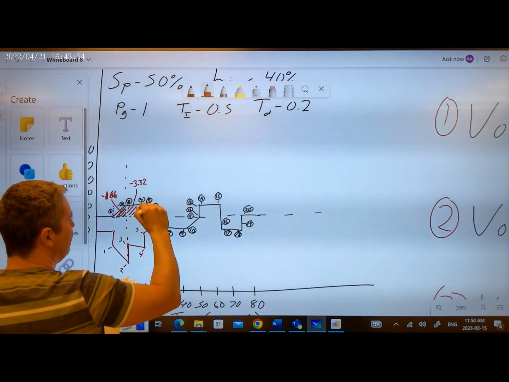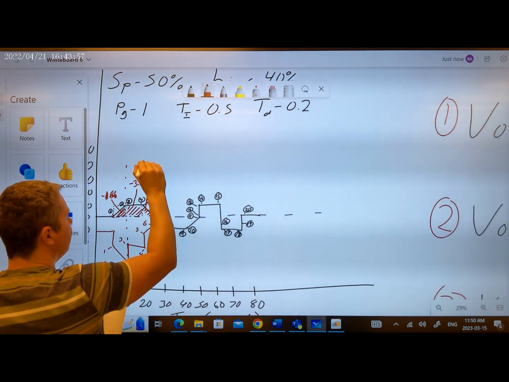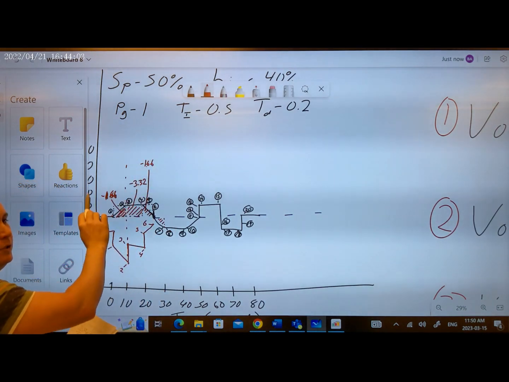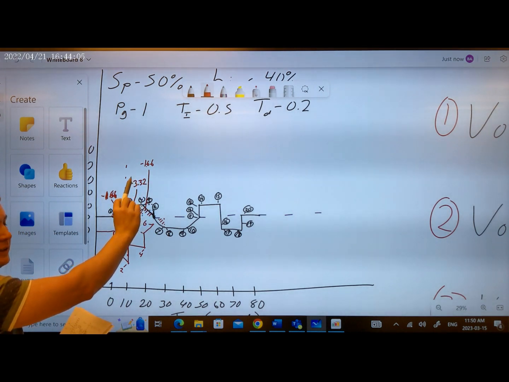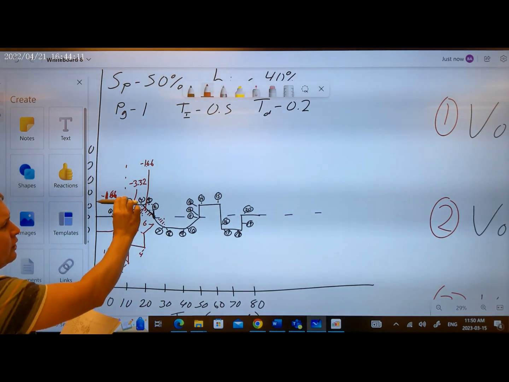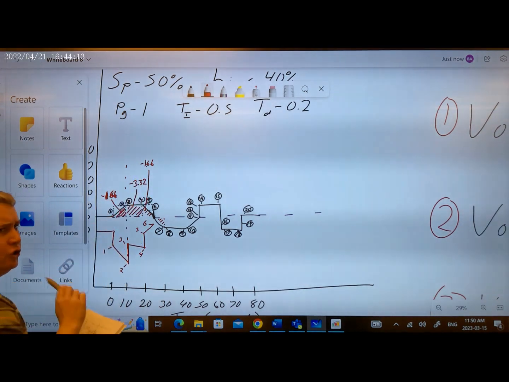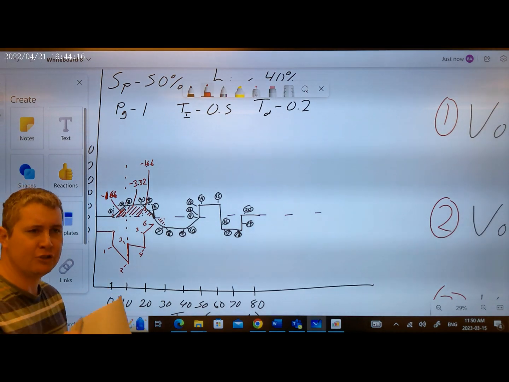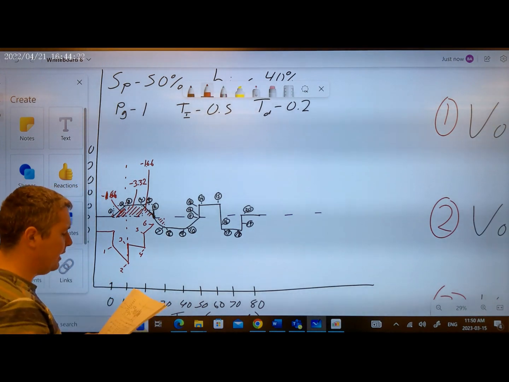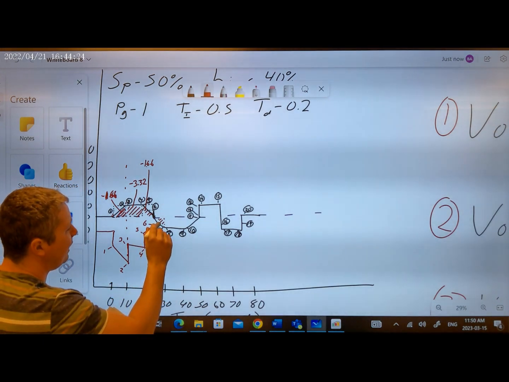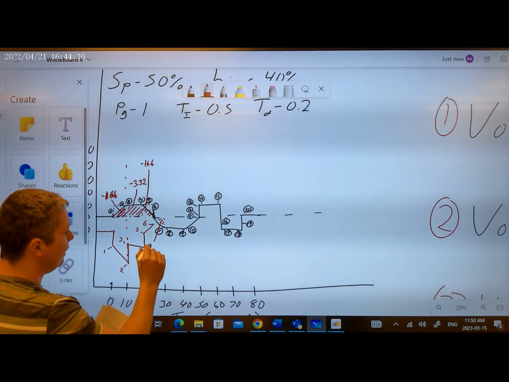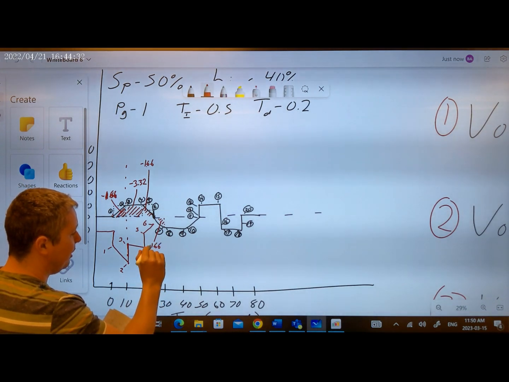And so, like the question was before about our cumulative integral, do you see how that integral is accumulating? All that time that was spent with a positive error has been accumulating a negative integral output. But now we're finally getting to a time where we're saying, well, now I have some negative time under my belt, so now I'm going to give positive integral.